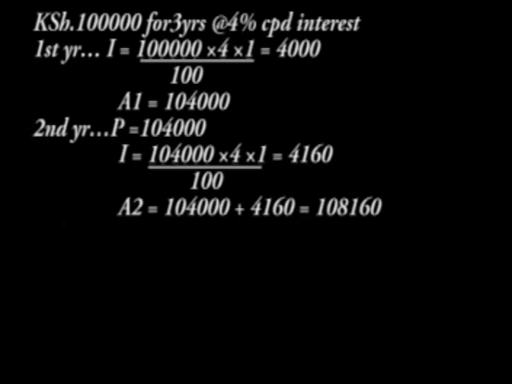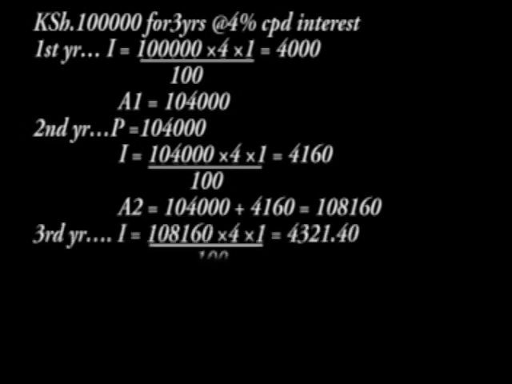Now the principal for the third year will be the amount at the end of the second year, and then we calculate the interest, which shall be 4,321.